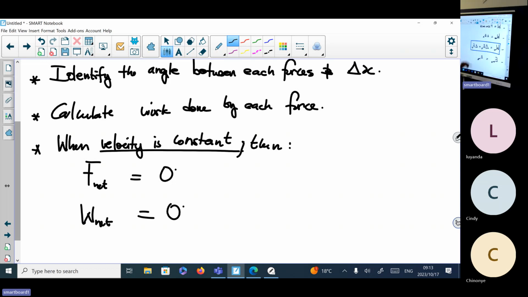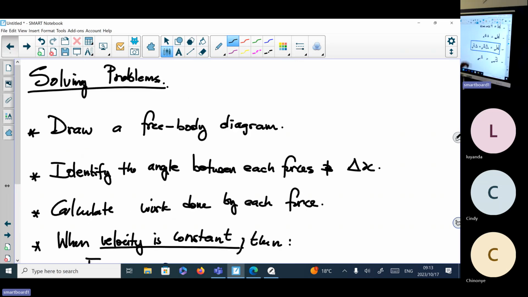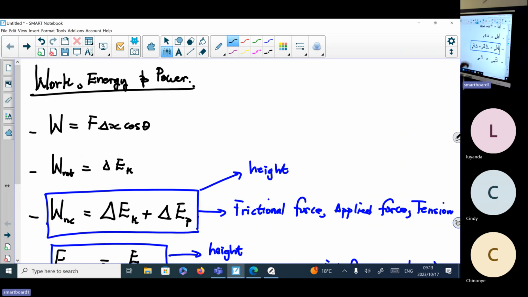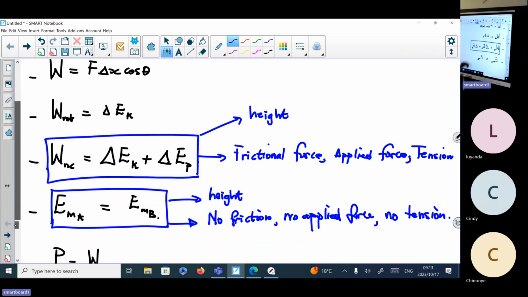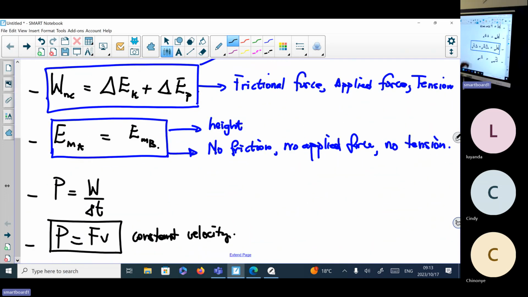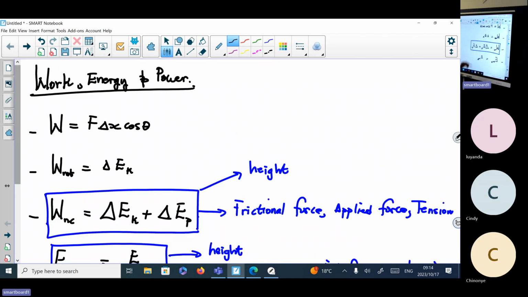So this is what basically we spoke about yesterday. From the formulas, these are all the formulas that you need to know as far as energy, work, and power is concerned. But remember that we are speaking about the work done by a constant force.